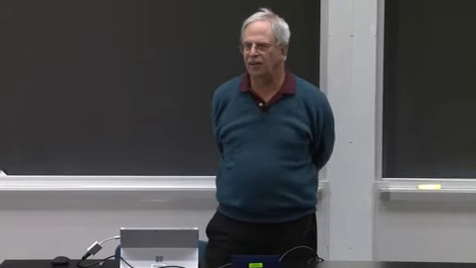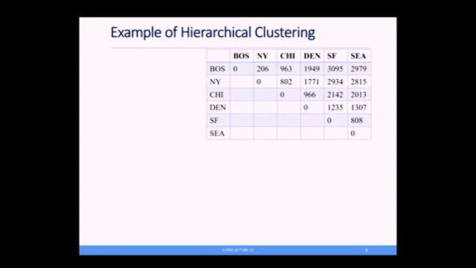All right, let's look at an example. So what I have here is the air distance between 6 different cities: Boston, New York, Chicago, Denver, San Francisco, and Seattle. And now let's say we want to cluster these airports just based upon their distance.